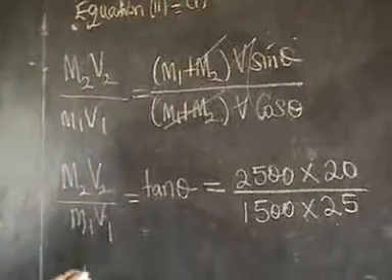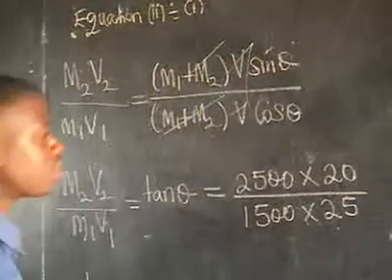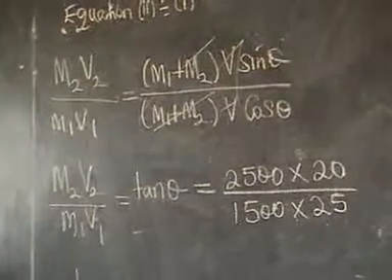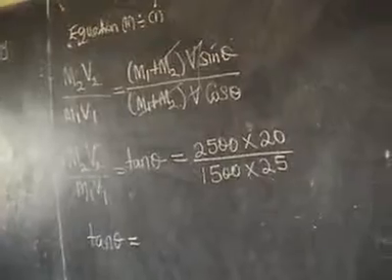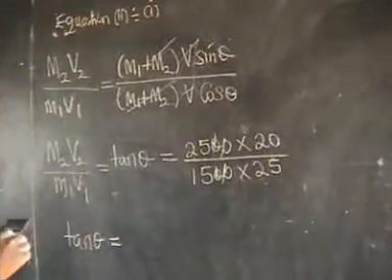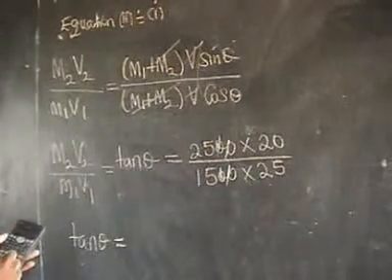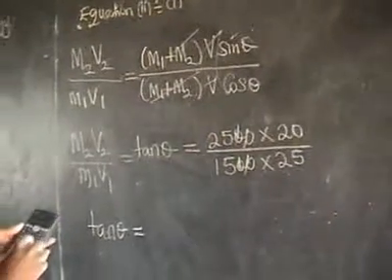So simplifying, we shall get tan theta is equal to 25 times 20 divided by 15 times 25.